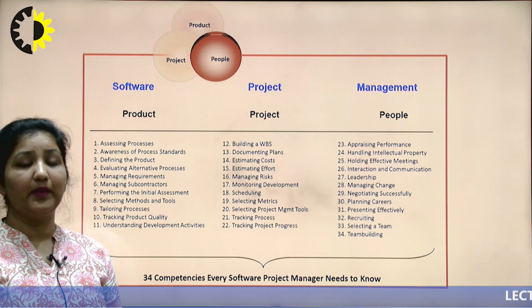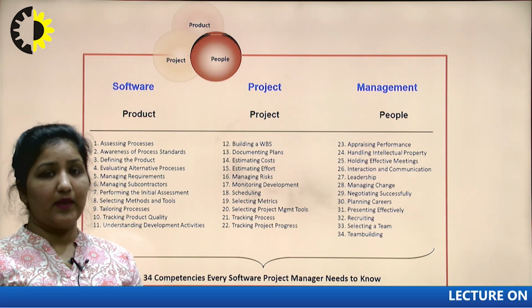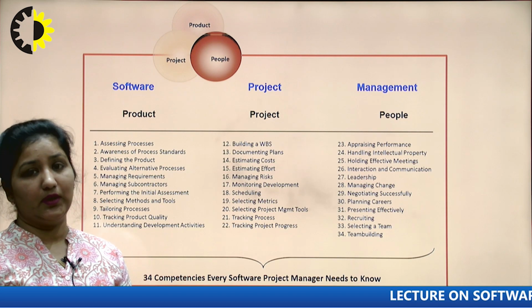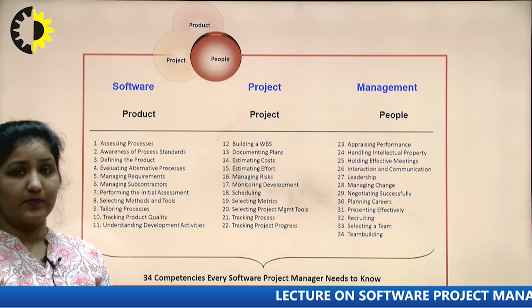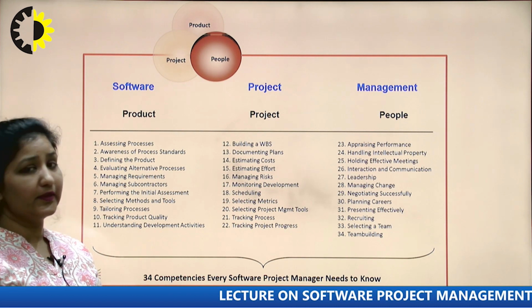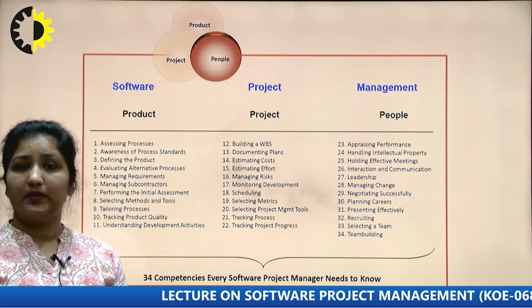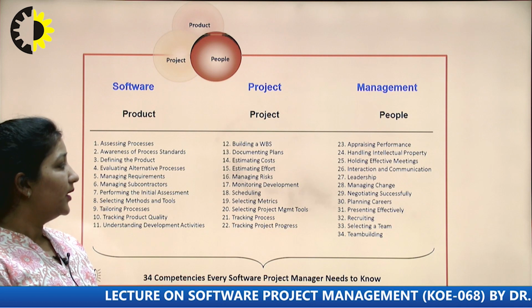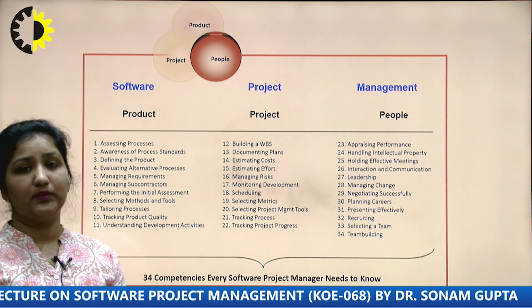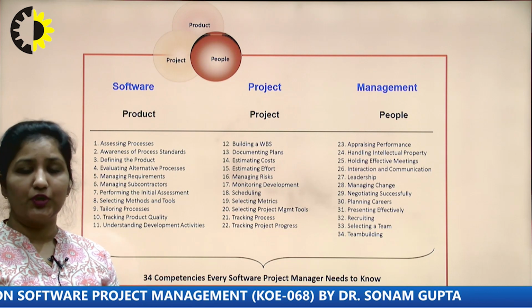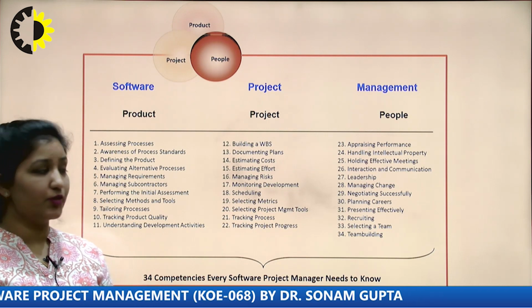Risk can be that the project cannot be delivered within the successful time period, or the budget of the project has increased. Monitoring the development, that comes under the planning activity as well. Scheduling, again, we can have many scheduling things, like the PERT chart and the CPM charts, all of which come under scheduling.